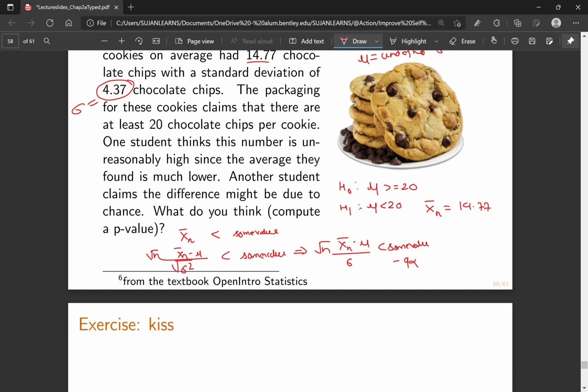Therefore, this is our test statistics. In another form, we can say that it is greater than q alpha.